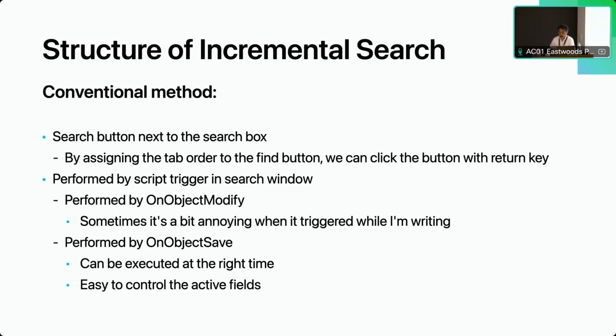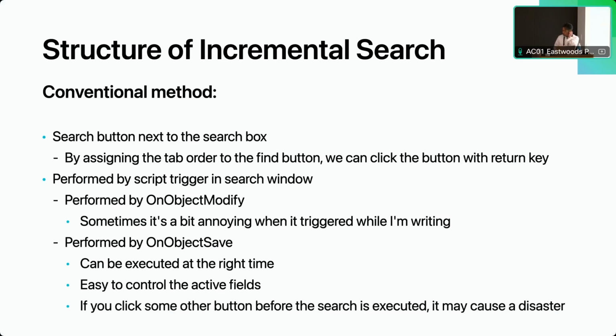If this happens, the script called from the button will probably not work properly, as the found set will change in the middle of the script. As a result, the current record will also change. Or rather, it's a very scary thing where you don't know what kind of crazy result you'll get. So onObject save works very well on its own, but it's actually too dangerous to use.